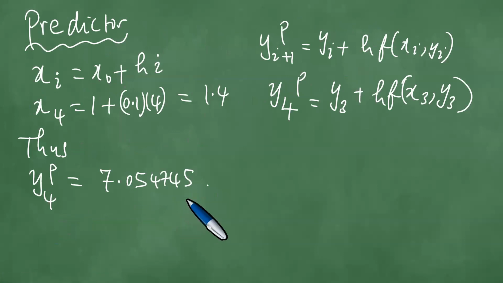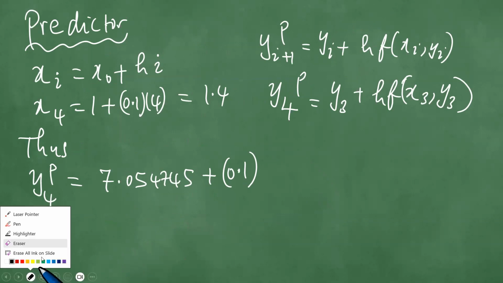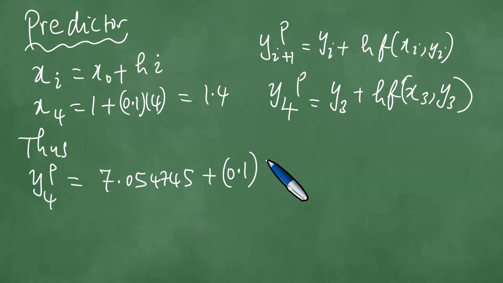Okay, the table is going to make it clearer. H you already know is 0.1 in this question. And then this one is going to be x3, y3. Let me substitute here. I'm going to write also the x3, y3 separately. So what is x3? We saw that is 1.3. Then what is y3?